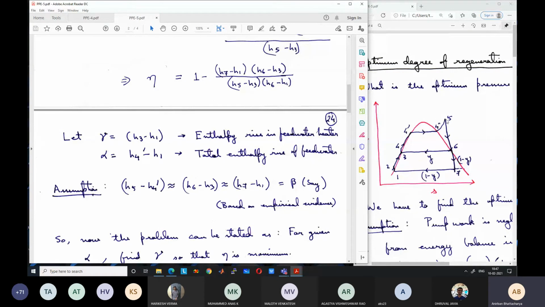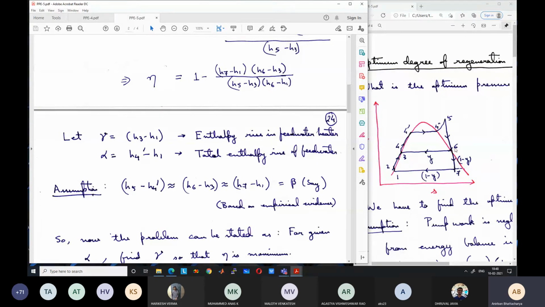This is seen from tables to be somewhat correct. There are some differences, but it still holds true. H5 minus H4 dash is almost equal to H6 minus H3, which is almost equal to H7 minus H1.